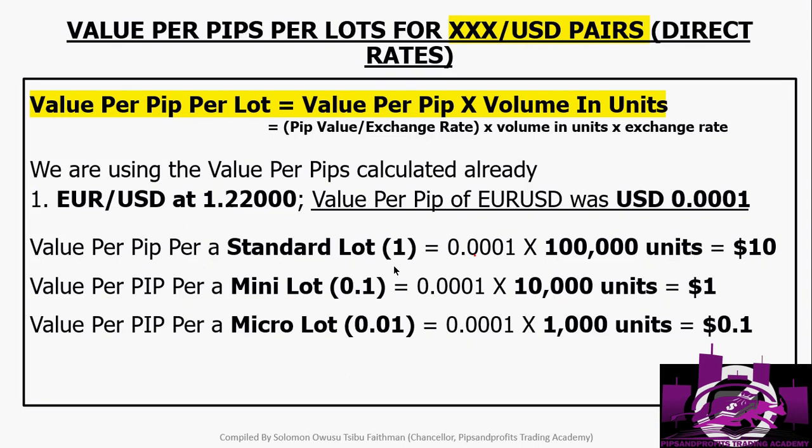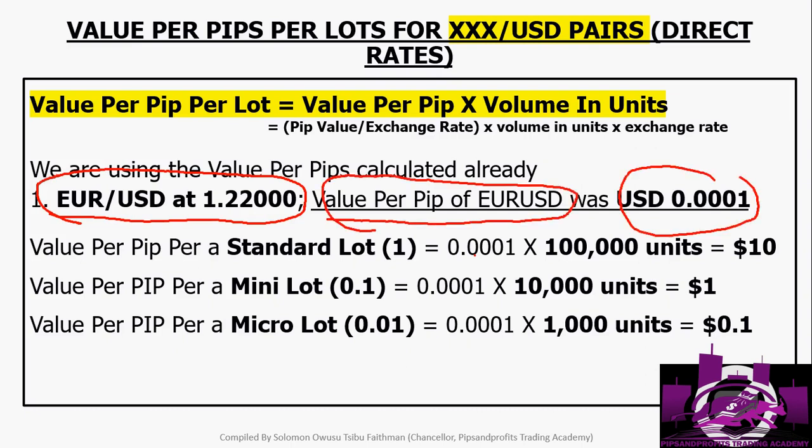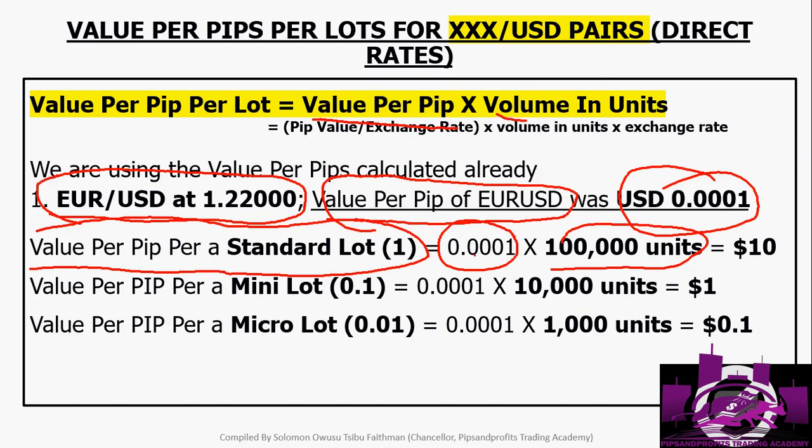So, for example, Euro USD: the value per pip for Euro USD, we had 0.01. If we want the value per pip per standard lot, then we have the formula, value per pip times the volume in units, and you are going to have 10. When you do that, your answer is going to be 10.